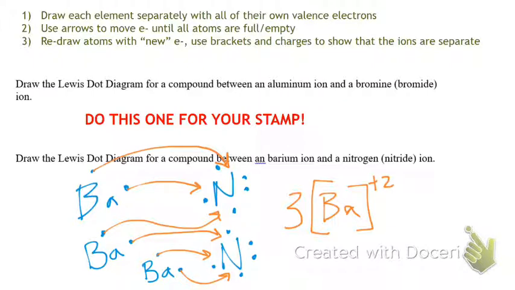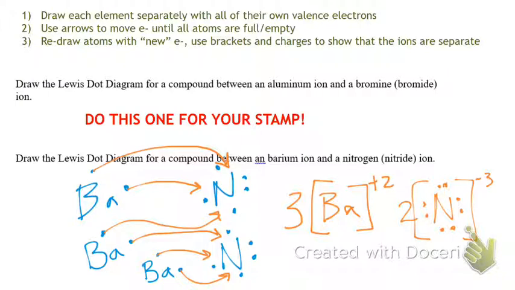And then our nitrogen is full with 8 electrons around it, which would of course cause it to have a -3 charge. And don't forget that we needed 2 of those in order to make this compound work. So these can get a little bit complicated, but just keep adding atoms until you have what you need. All of our atoms are full or empty.